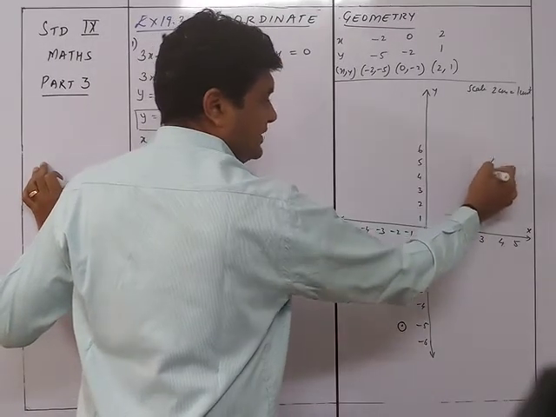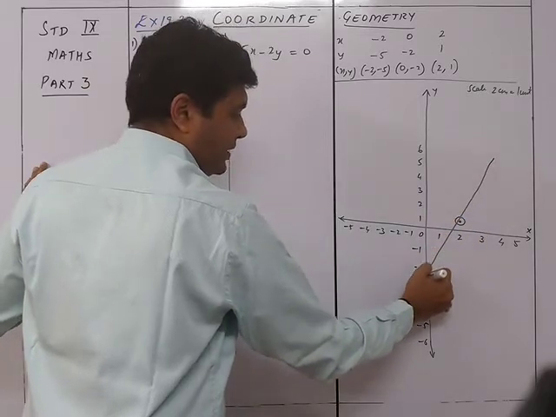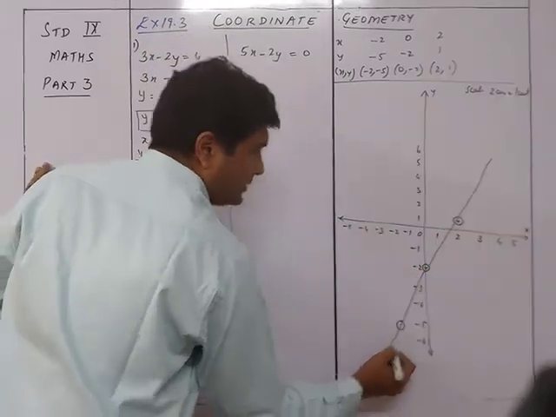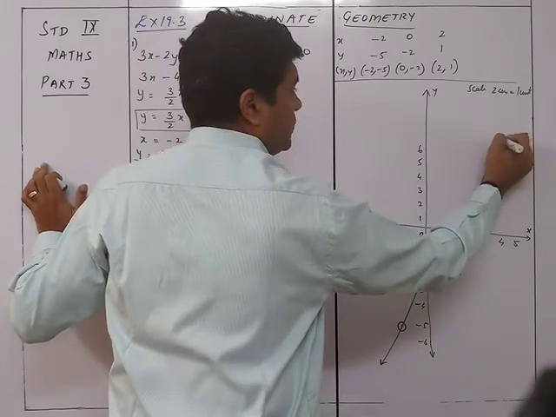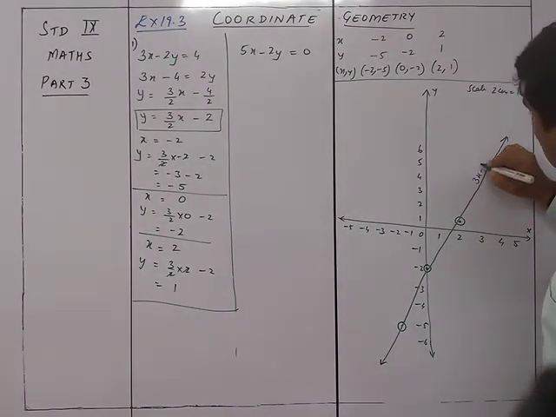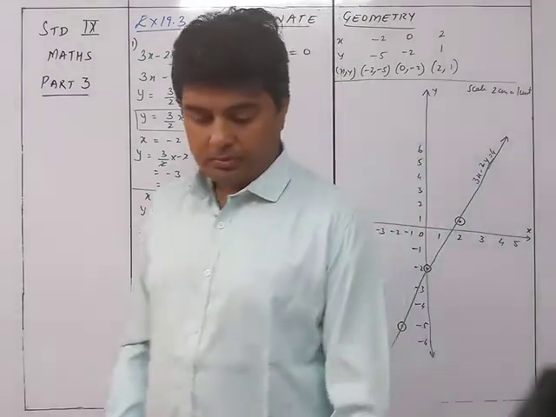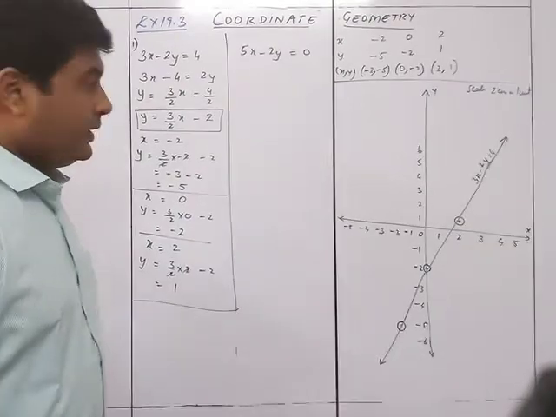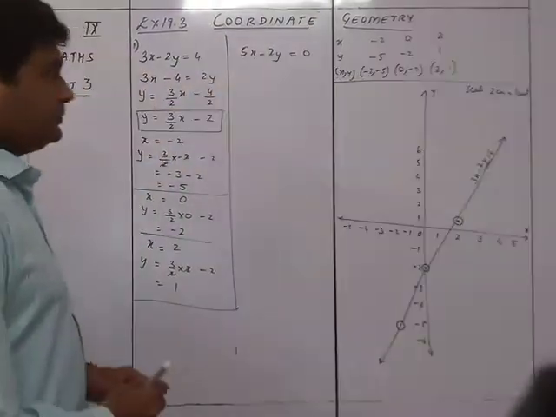So this gives us the required line, the line with the equation 3x minus 2y is equal to 4.